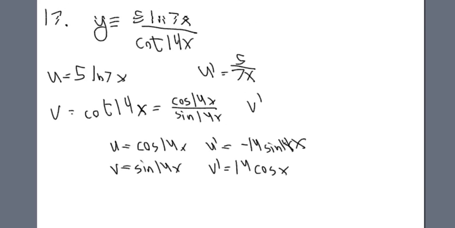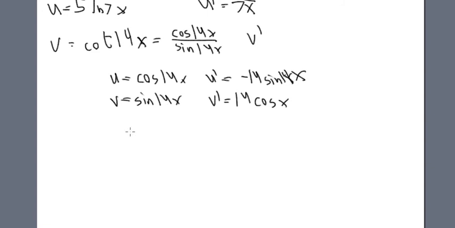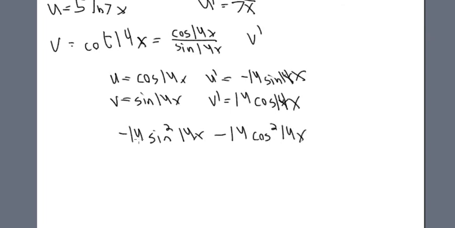Now, according to the quotient rule, u prime v, so negative 14 sine squared 14x, minus uv prime, so 14 should be there as well, my bad, minus 14 cosine squared 14x, all over v squared, so sine squared 14x.